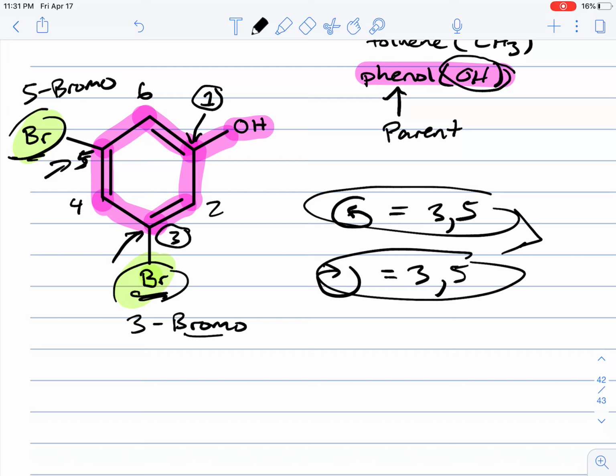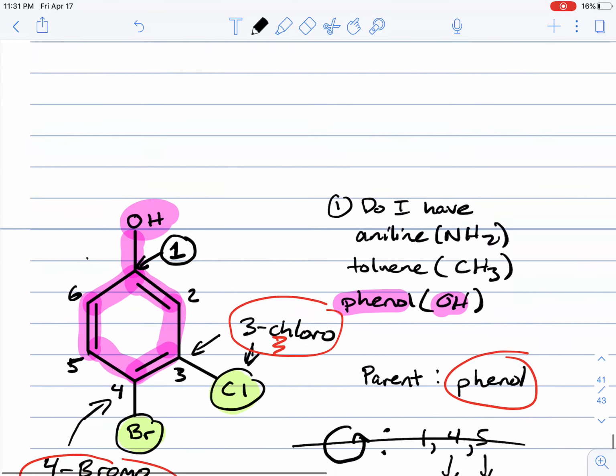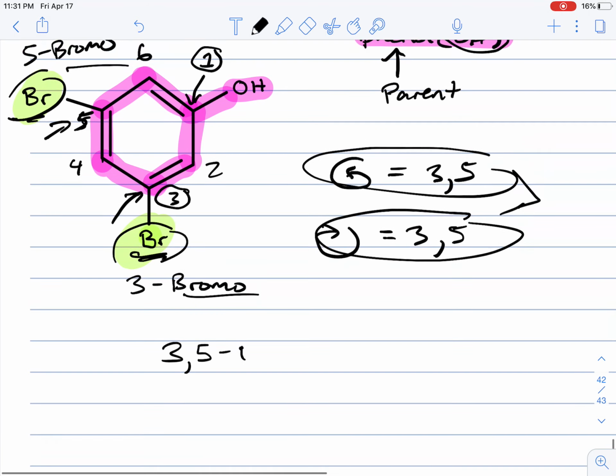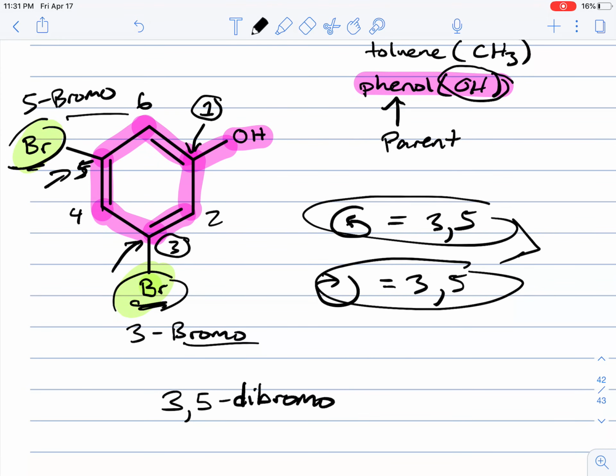Since I have 2 bromines, I'm going to combine them together to have 3,5-dibromo. Did I say dibromo? Did I say di? Oh, I did say dichloro. Good. So since I have 2 bromines, I'm going to put in 3,5-dibromo. And after that, I'm going to describe the parent, which is phenol. So 3,5-dibromophenol.